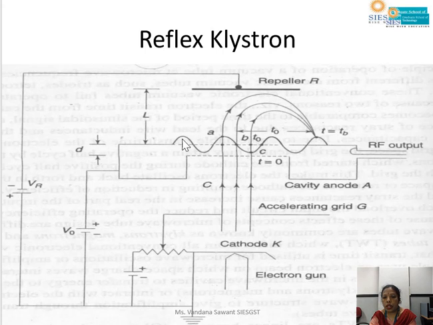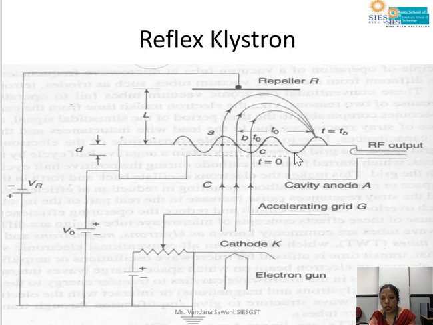So this is called a resonating re-entrant cavity, which resonates in the microwave range of frequencies. This cavity is supplied with a positive voltage as compared to the cathode, so it will act as an anode.